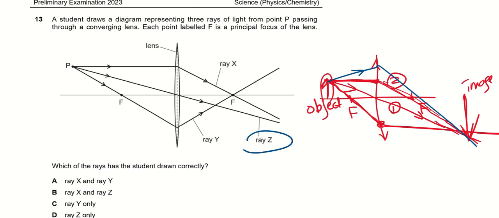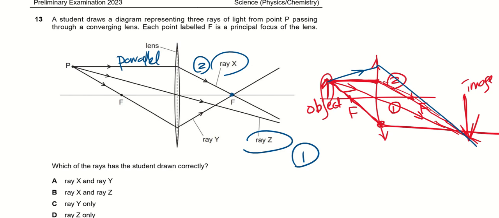Is ray Z correct? Ray Z corresponds to ray 1, 2, 3 of my drawing. Which one? 1. Is ray X correct? Corresponds to who? Ray 2. What is ray 2 doing? Parallel to the principal axis, then cuts F. How about ray Y? Is it correct?